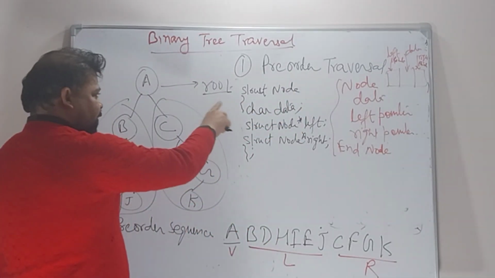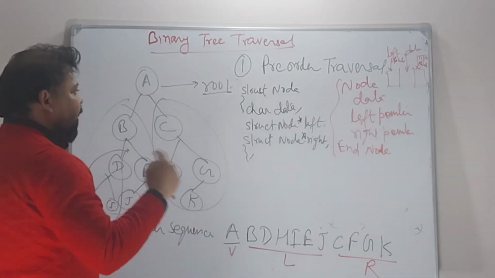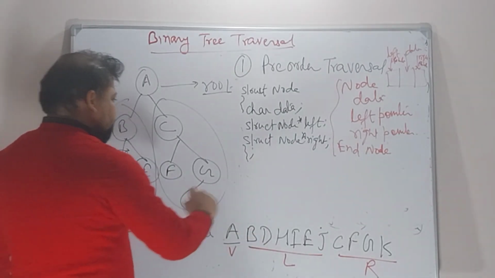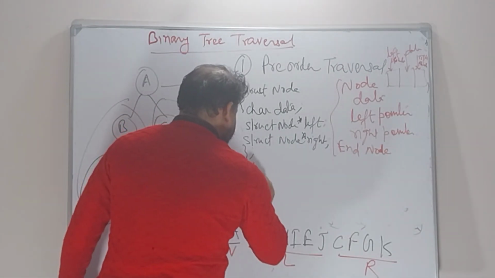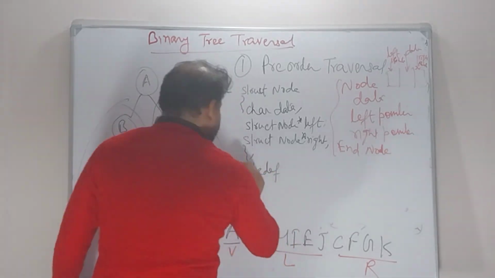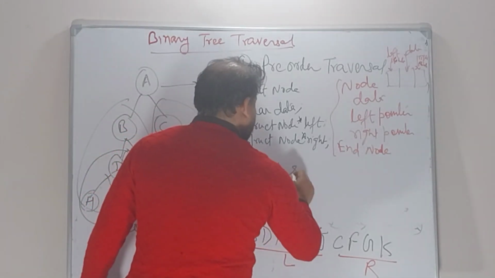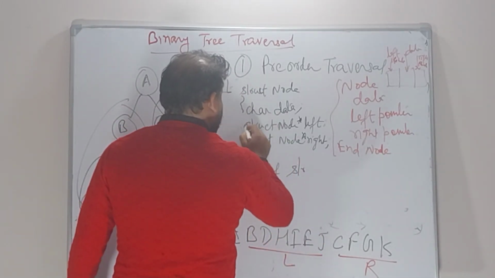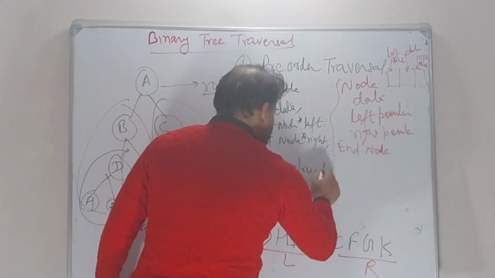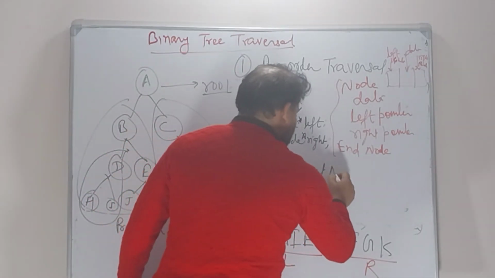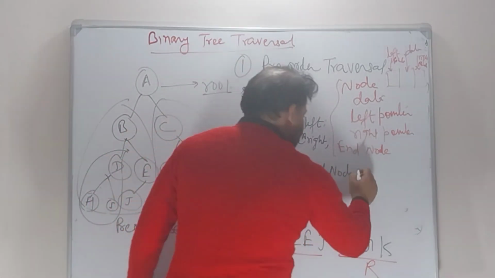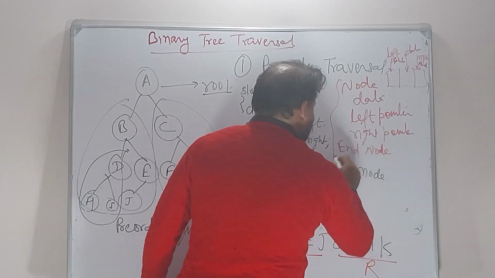Now struct node is a data type. I do not want to repeat struct node again and again, so I'm writing typedef struct node, and here I'm putting node.